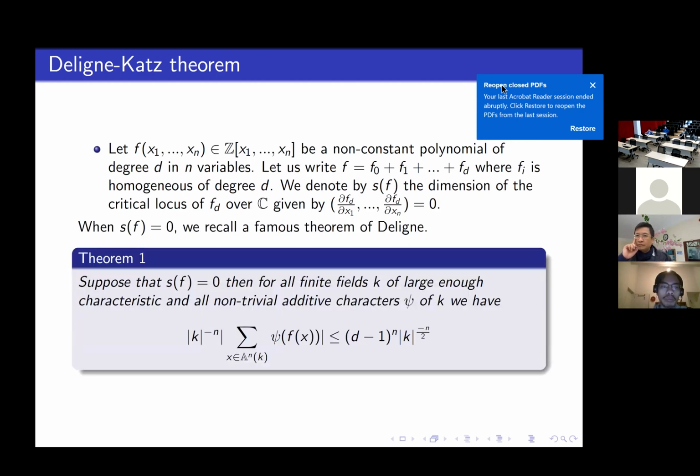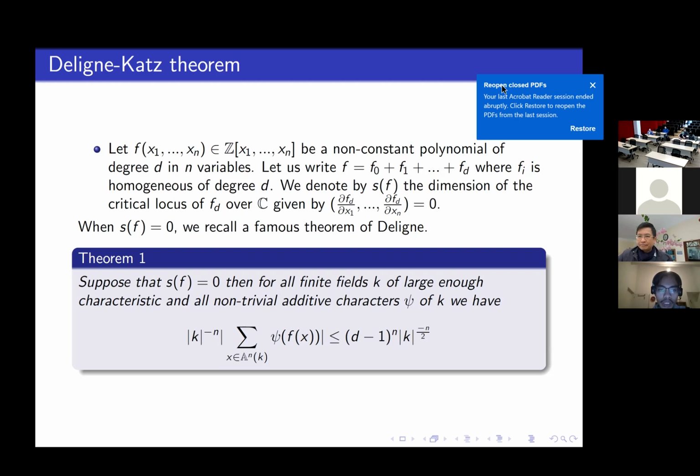When nf equals 0, I will recall a famous theorem of Deligne for exponential sums over finite fields. Theorem 1: if we have nf equals 0, then for all finite fields k of large enough characteristic and all non-trivial additive characters psi of k, we have a bound for the exponential sum running over the set of k-points of A^n.